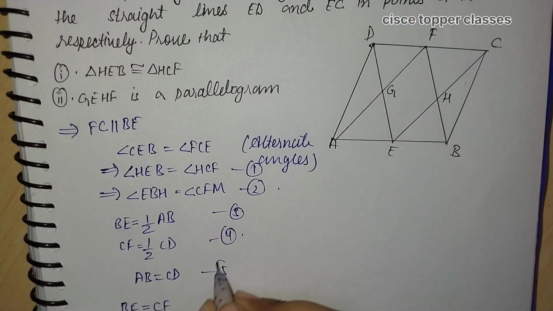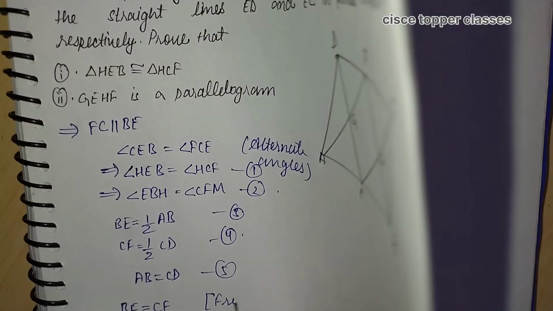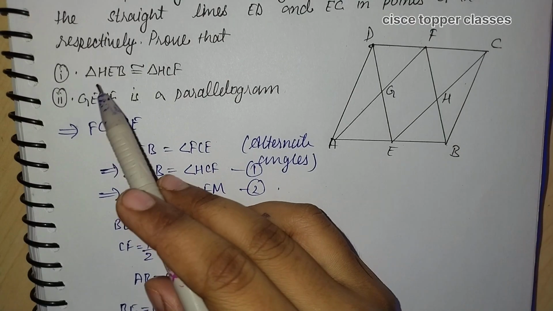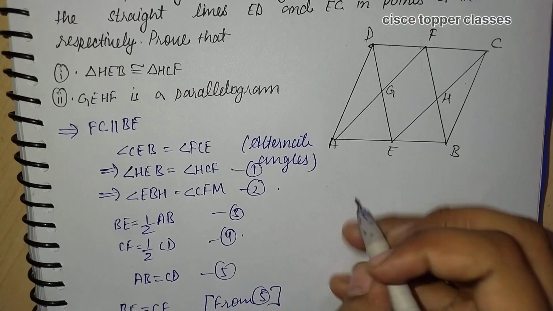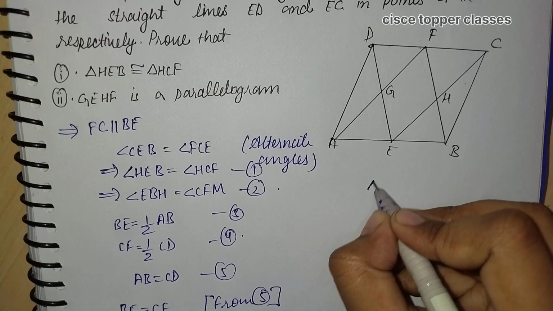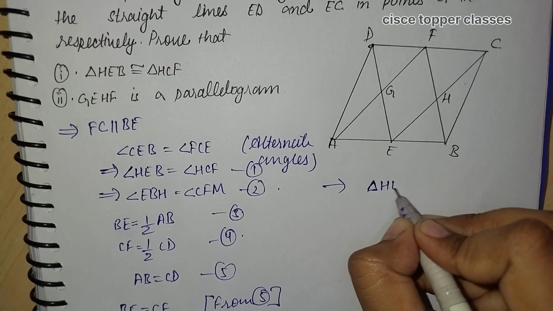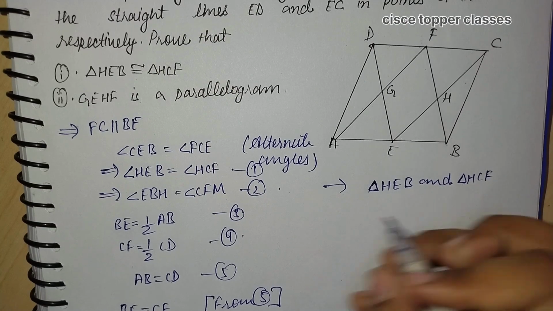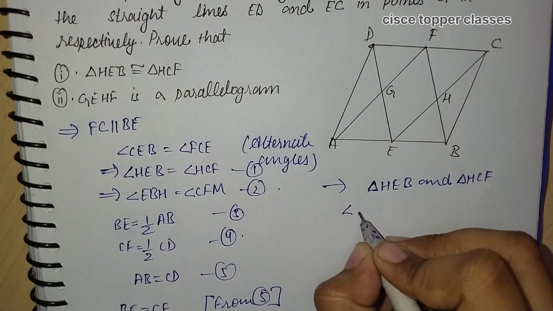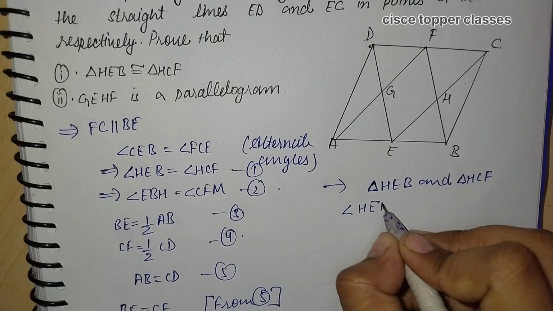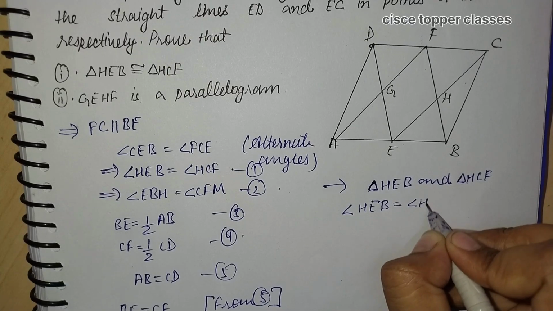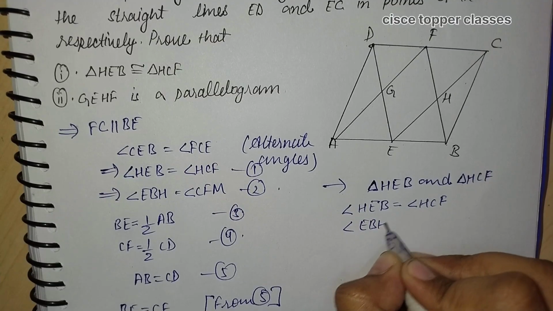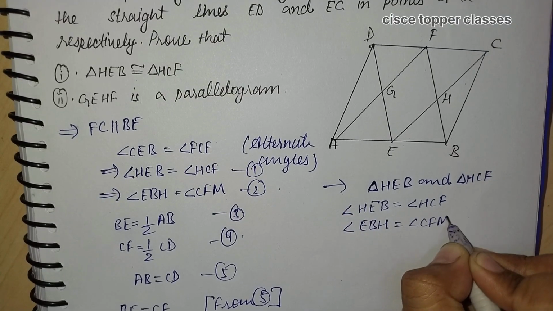Means from this fifth equation we can write. And now we have to prove that triangle HEB and triangle HCF are congruent. To prove this, firstly in triangle HEB and triangle HCF, we can write angle HEB is equal to angle HCF from first, and angle EBH is equal to angle CFM for proving it congruent.